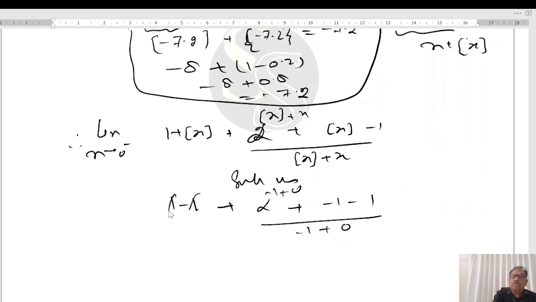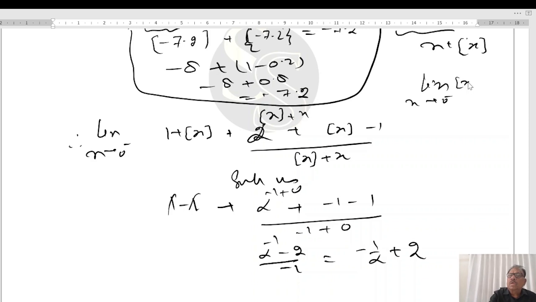So this goes alpha to the power minus 1 minus 2 upon minus 1. This comes out to be minus 1 by alpha plus 2. As we know, limit x tends to 0 minus of greater integer function is minus 1, that is minus 0.1 is equal to minus 1.